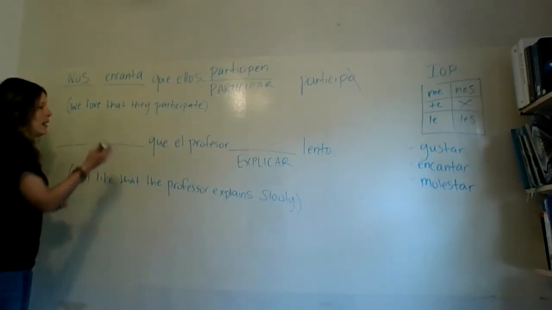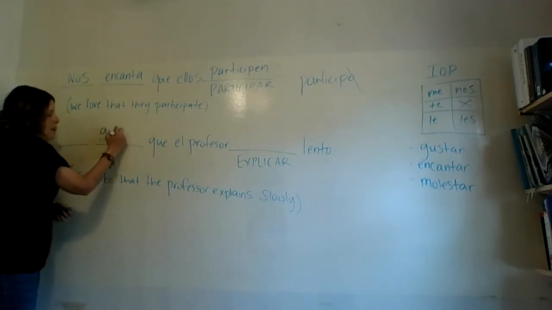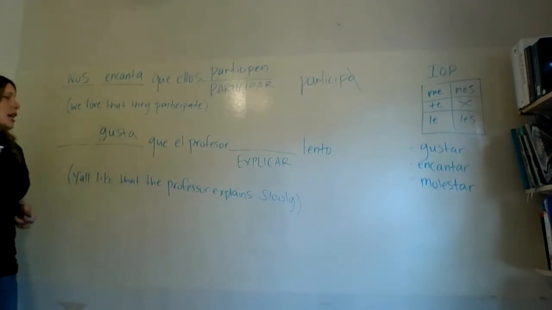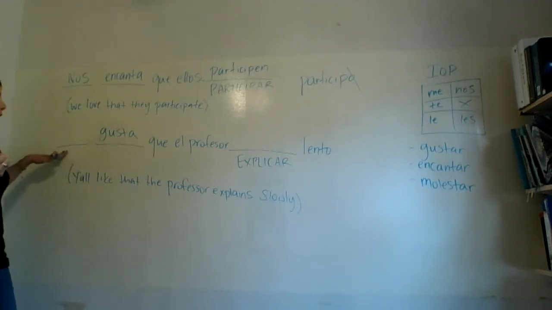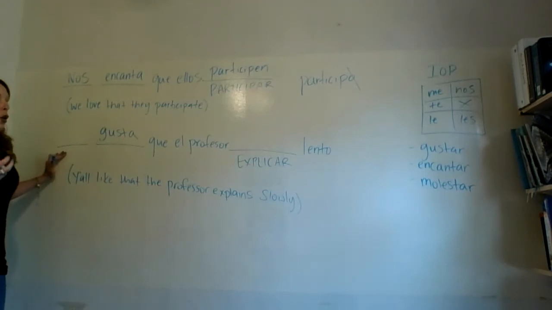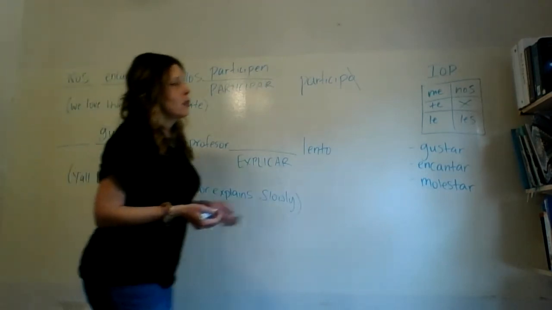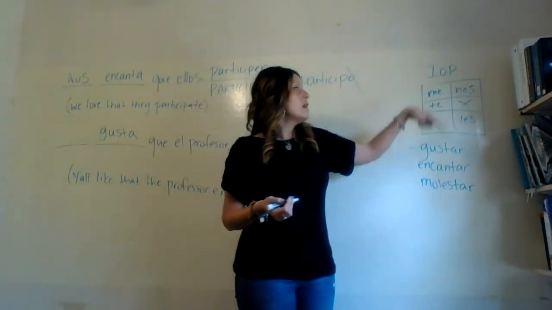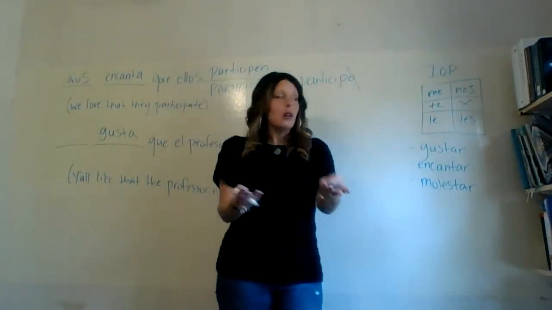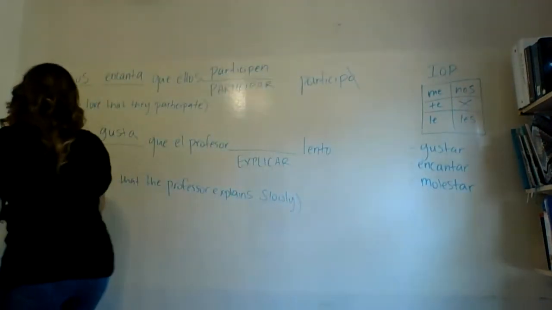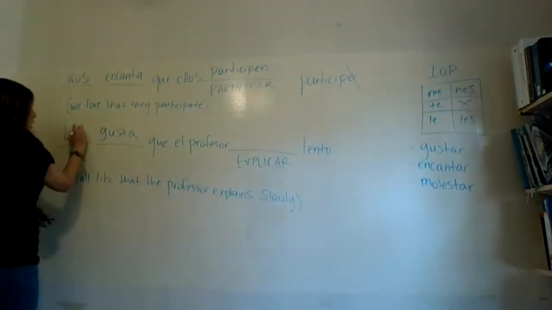So we're going to put up here in our second blank gusta in its third person singular conjugation, leaving room for our appropriate indirect object pronoun. And to find that, you say, who likes it? Well, y'all like it that the professor explained slowly. So which one of these IOPs will match with you all? It will be les. And so we'll put this up here in the front.